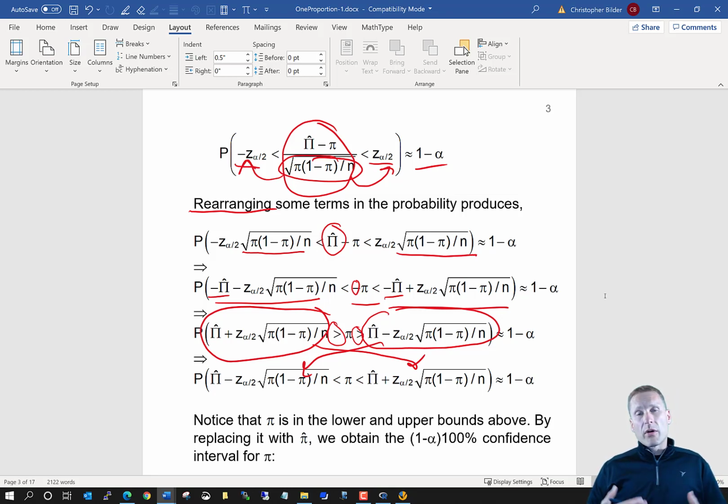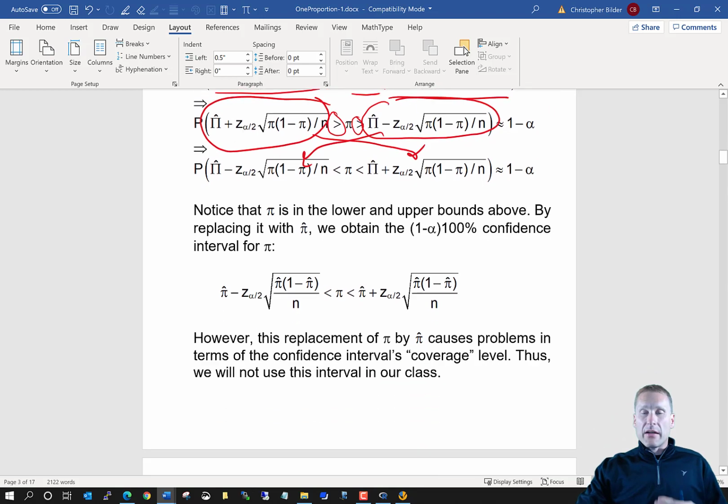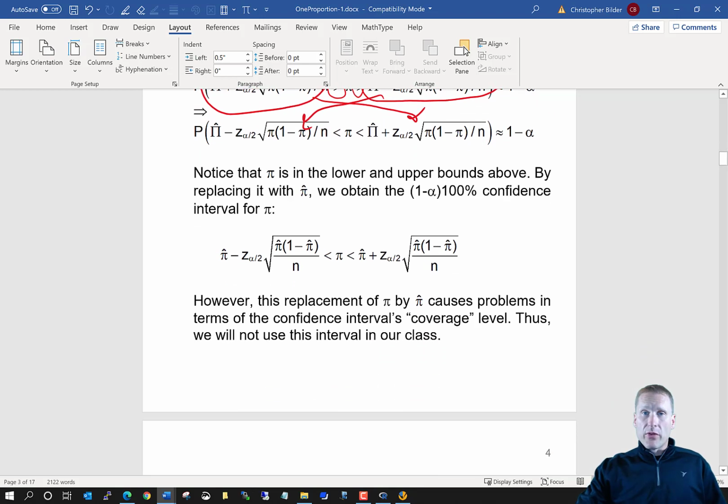We were working with a confidence interval for one population mean. And so if we take that stuff out of that probability and replace the corresponding random variables with their observed values, so big pi hat becomes little pi hat, now we can state a confidence interval for pi. But there's one little additional thing that we need to worry about here.